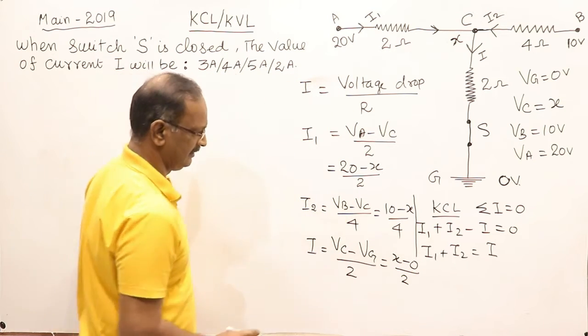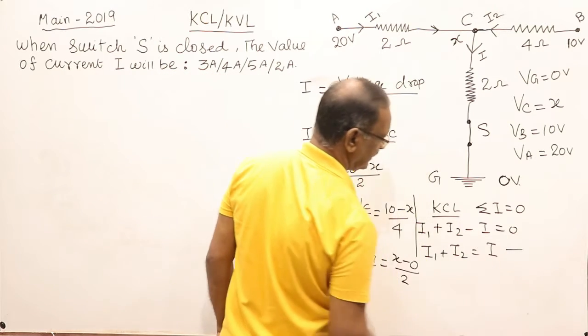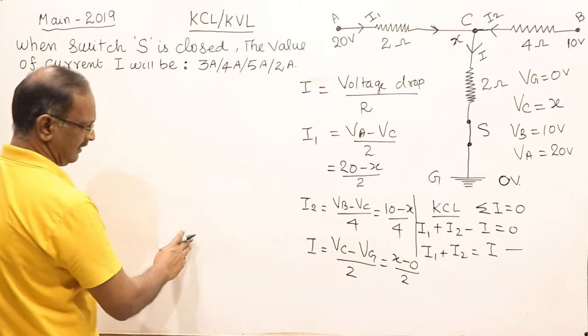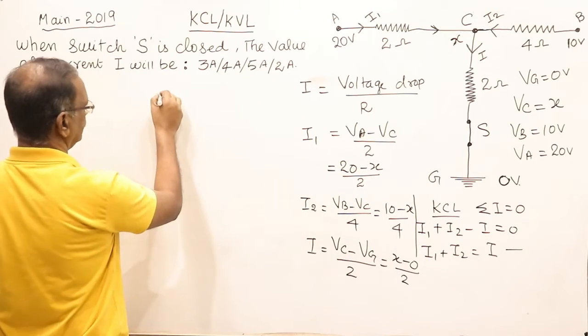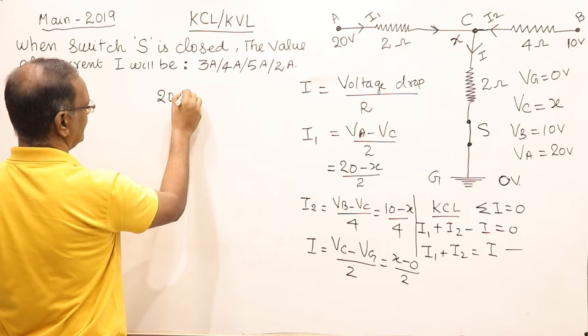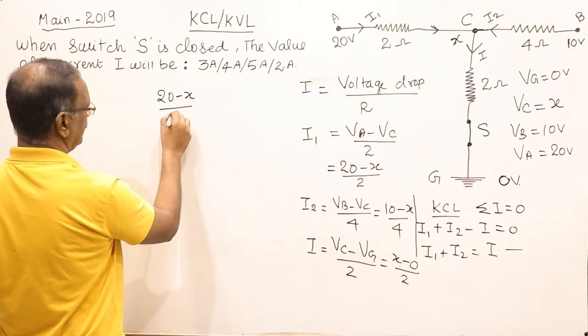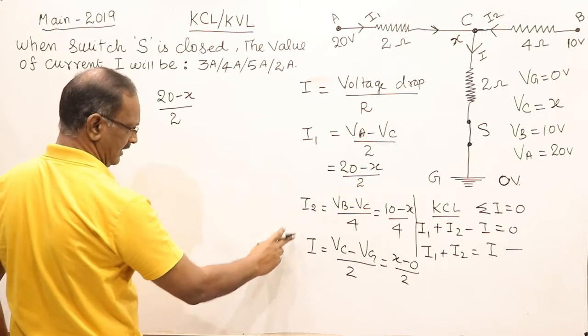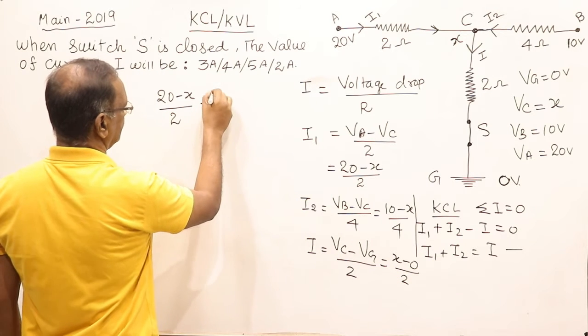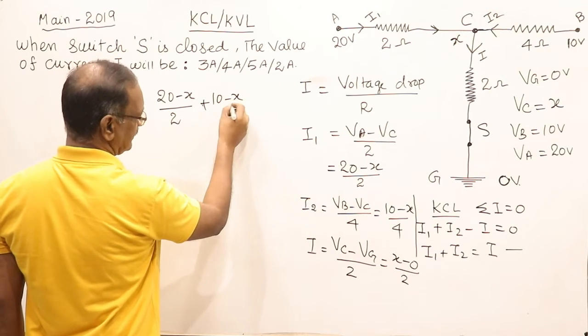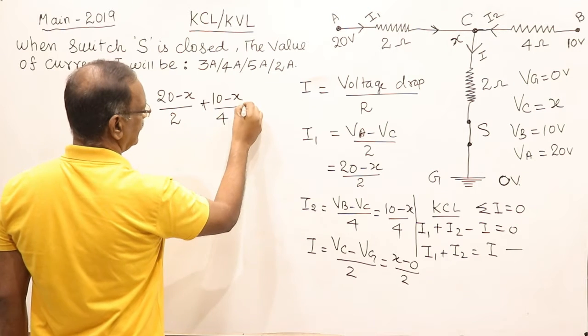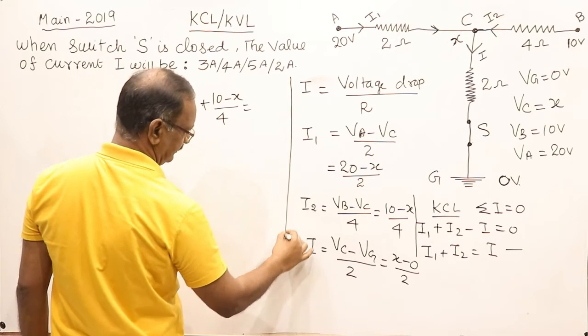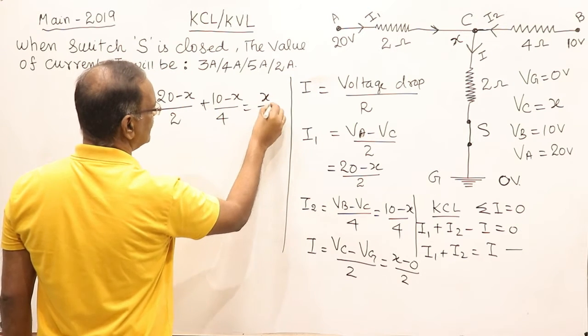As we know from this equation, I1 plus I2 is equal to I. I1 is equal to 20 minus X divided by 2, and I2 is equal to 10 minus X divided by 4, and I is equal to X by 2.